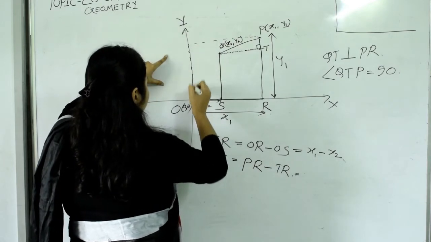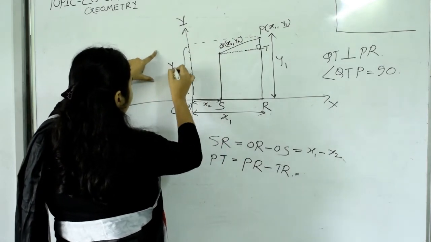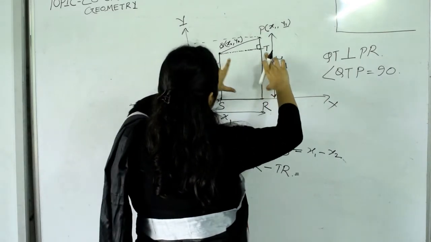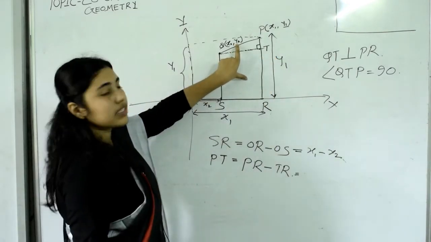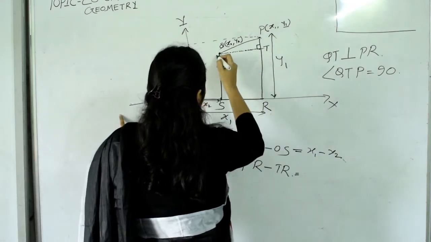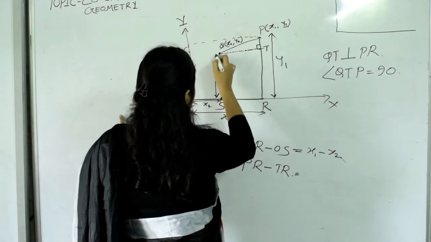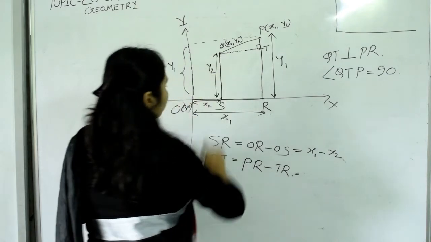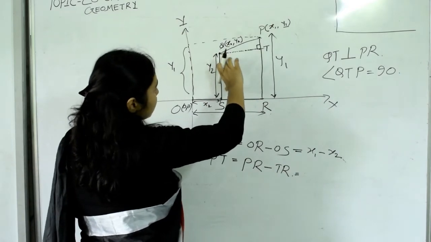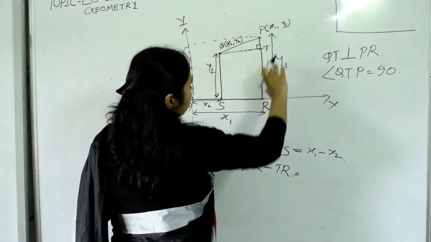Okay, which means this distance is y1. And the coordinate of point Q is y2, right? Which means this distance is y2, right? And QS is equal to TR.